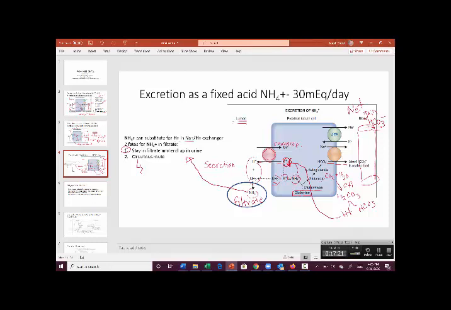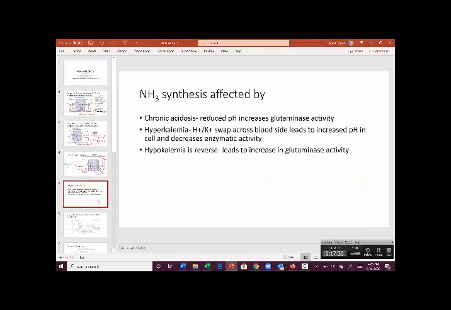It's circular, right? Starting and finishing in the same chemical form. So I'll get there. Just let me now go through how this NH3 ammonia and subsequently NH4 synthesis is affected, what can impact it, I guess.